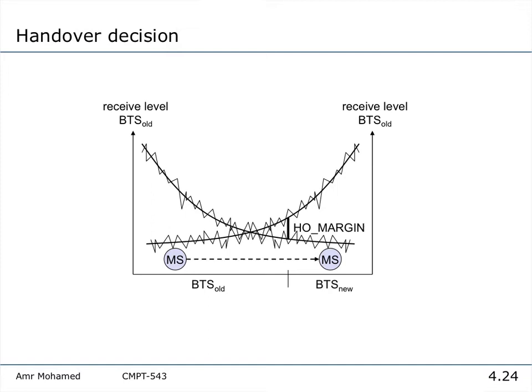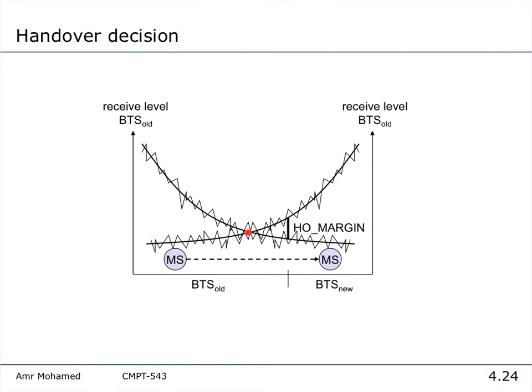It's not going backward. So this is to avoid what they call the ping pong effect, because the measurement of the mobile station might go down because of fading, not necessarily because the person is moving towards the new BTS. Even if the mobile station is fixed or not moving, the channel still goes down or up based on the fading, okay?